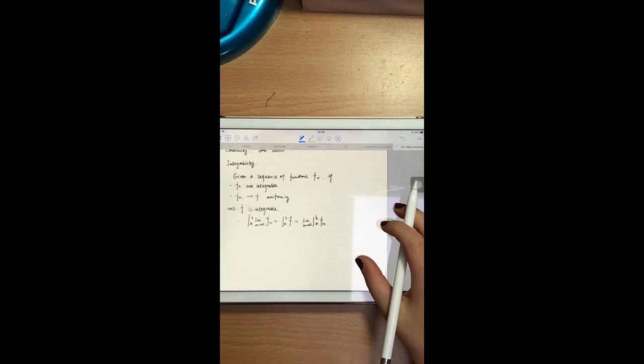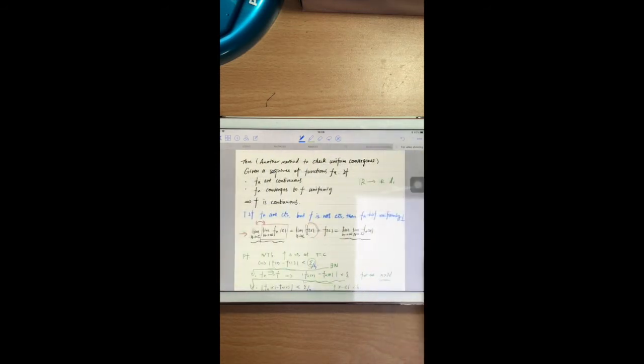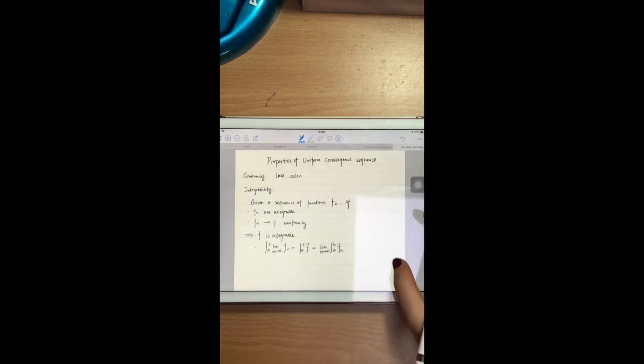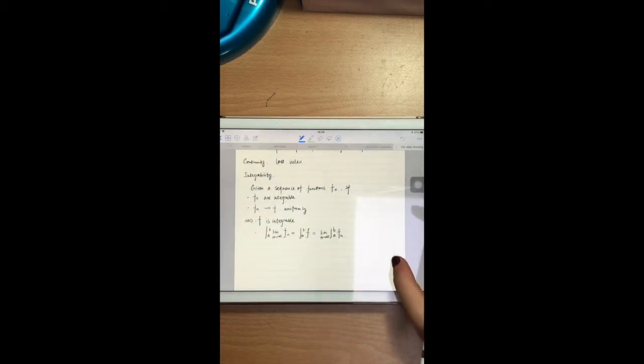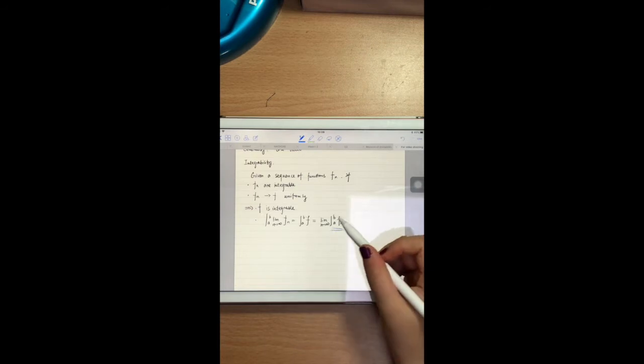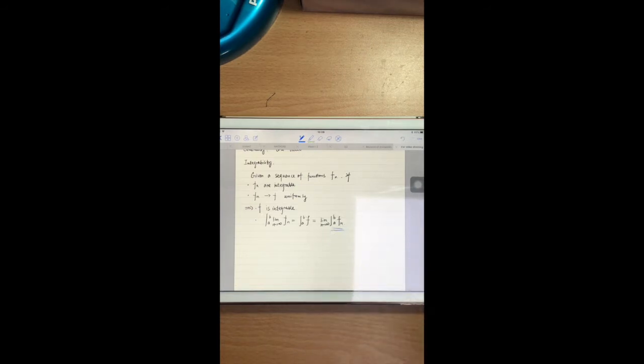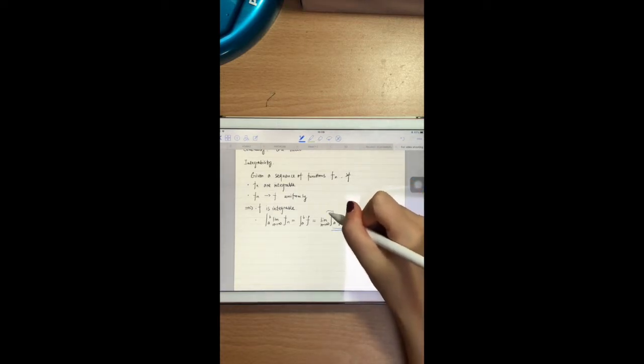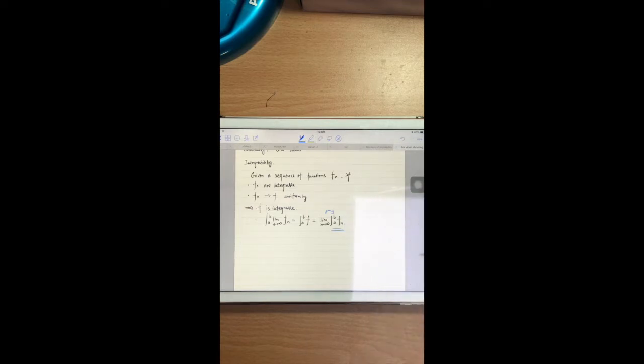You can actually say integrability and continuity are of the same form. Another thing is, if you are asked to calculate the integral from a to b of some sequence of functions when n goes to infinity, then you can swap the limit and the integral.